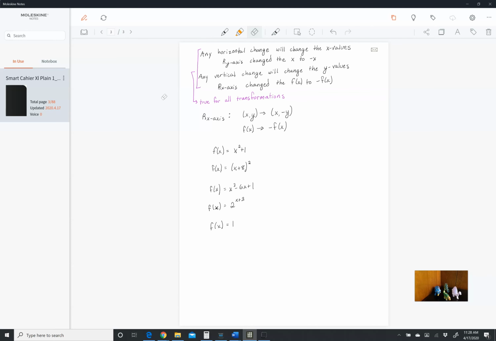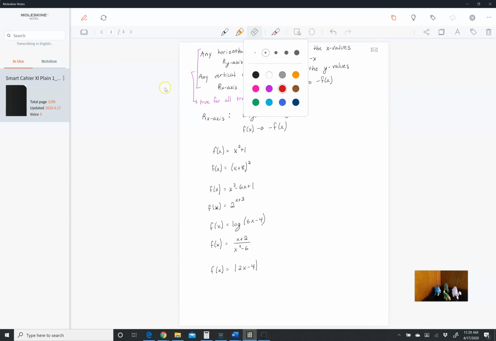I'm trying to include every type of function that we've looked at. I'll even add an absolute value in here, just so that you see it. We'll add in f of x equals absolute value of 2x minus 4. So these are all different types of functions. And let's take a look at what happens.